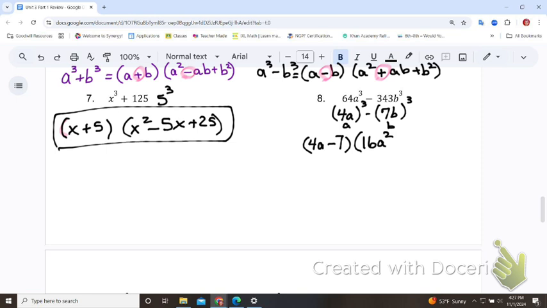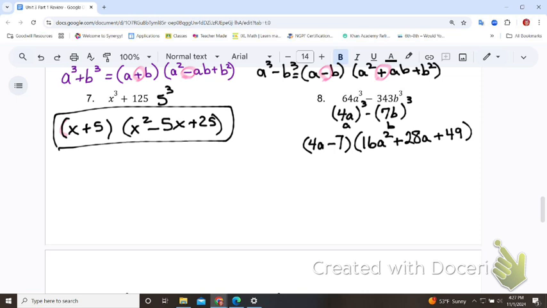In the middle, the sign will be opposite, and then we need to multiply a and b together. So 7 times negative 4, or 7 times 4a, 28a, because we already said it's going to be the opposite sign. And then we square the 7. So 7 squared plus 49.